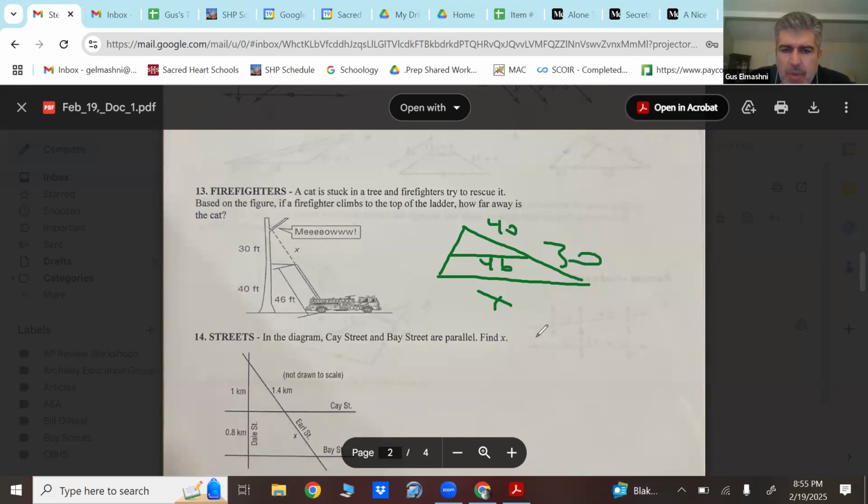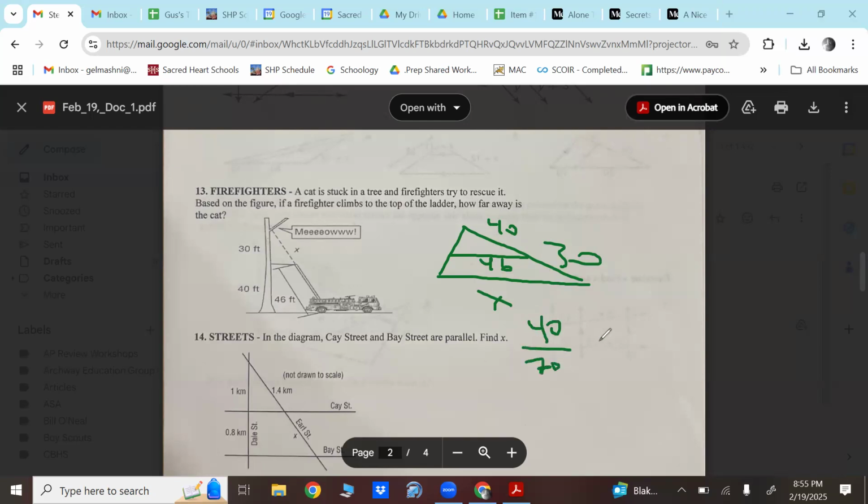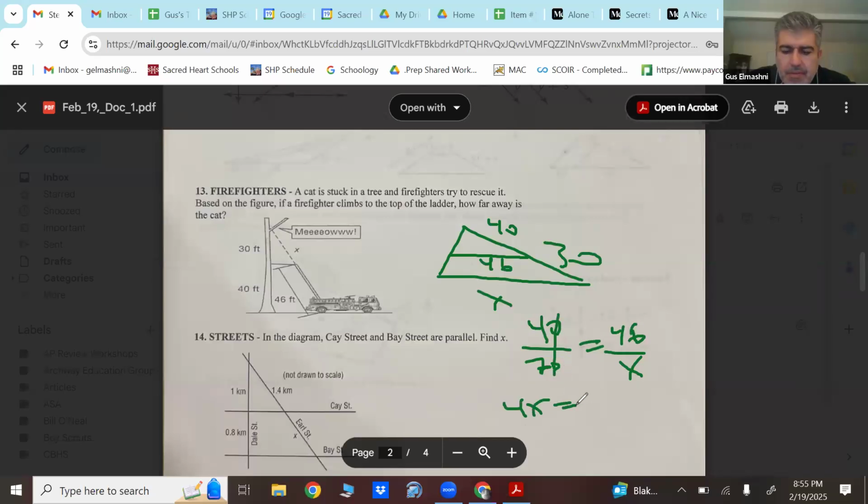So we see some 4 to 7 ratio, 40 to 70. Those cancel. Yeah, 8.5.